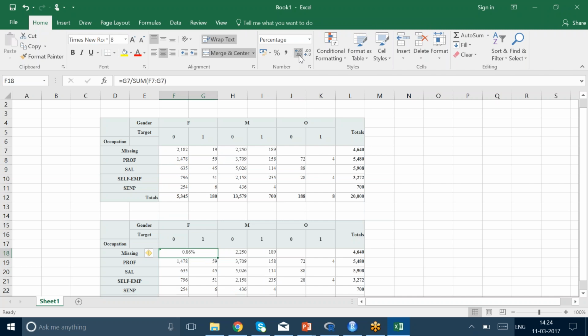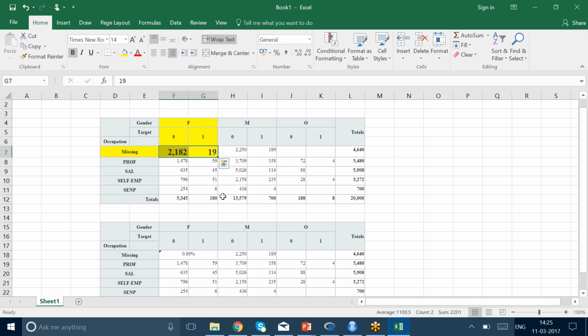0.86% of customers whose occupation is missing and are female, that much percentage of customers are responding. What did I do? I took a ratio of 19, which is the intersection of this, the yellow colored. I'm now concerned about these two numbers, which I am increasing the font size of.